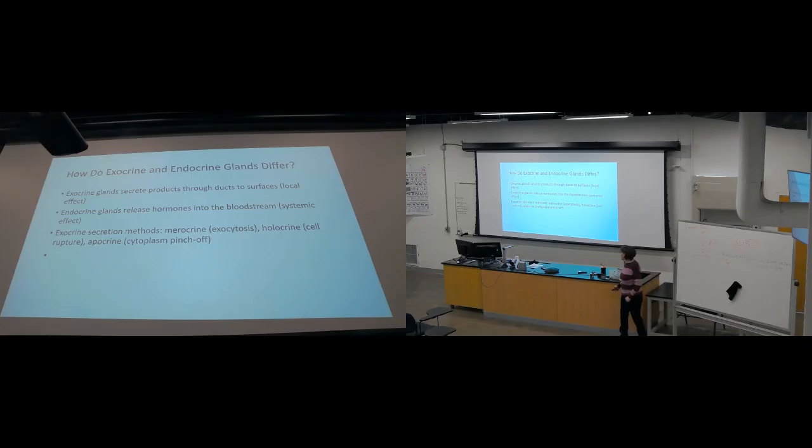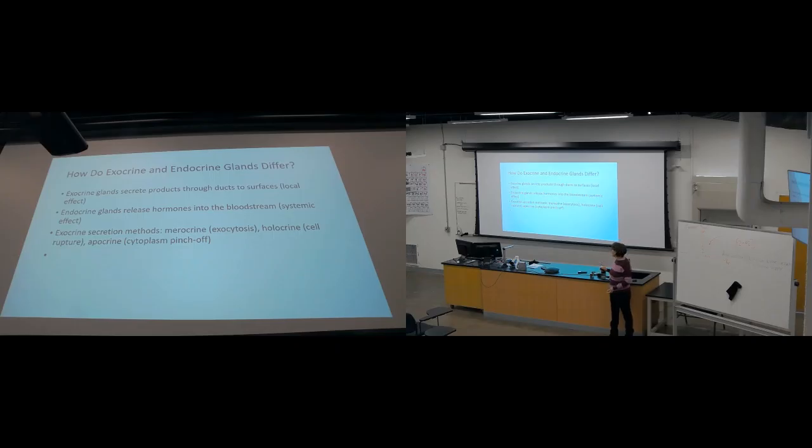And then for exocrine glands, we have different secretions. Merocrine through exocytosis, holocrine, in which the cells rupture completely, and apocrine when you have only pinching of the cytoplasm. So only a fragment is released with the apocrine.